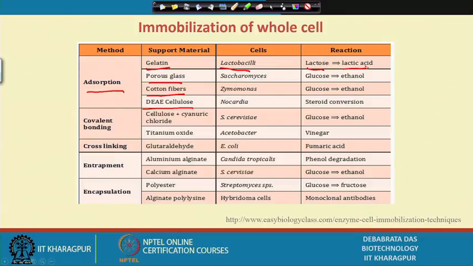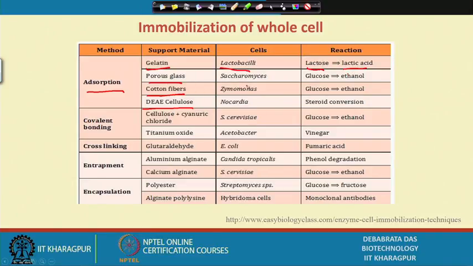I told you that lactic acid is a very good raw material, a chemical for the preservation of different food products. I gave the example of cheese, which can preserve the milk protein and fat for a longer period of time due to the presence of lactic acid.